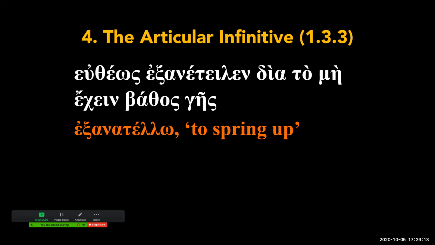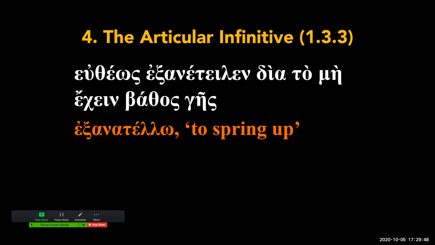Ges is in the genitive case, depth of ground. Because it did not have great depth of ground, or not to have depth of ground, is a little stilted translation, but you get the idea.